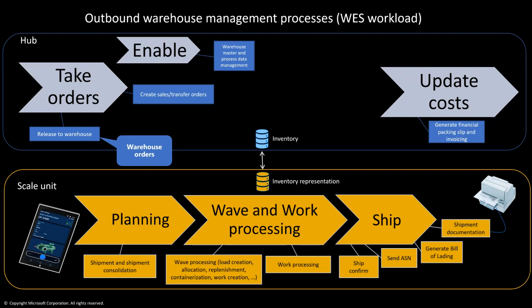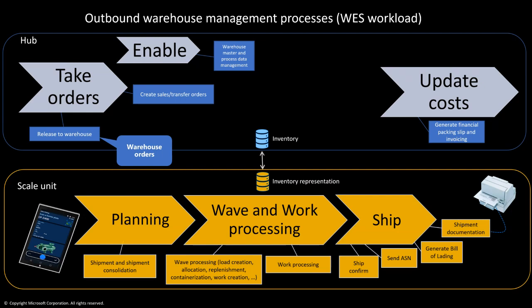So you can see here, from a scale unit perspective, you can do all of your planning for shipment consolidations, load planning, etc. on the scale units. You can then generate your waves or work processing on that scale unit as well. And you can see here it includes load creation, allocations, replenishments, and containerization, all supported on these scale units at this point in time. We generate that work.